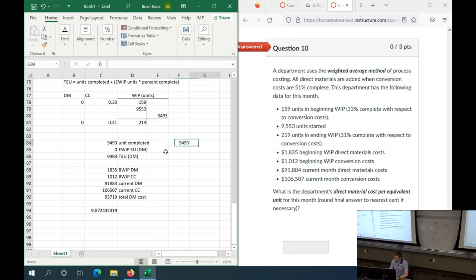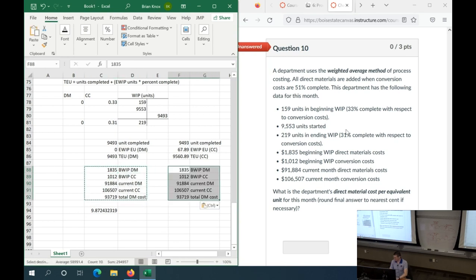But now we need ending WIP equivalent units with respect to conversion costs. And so this is going to be different. It's going to be the ending WIP units times the percent complete with respect to conversion costs, that 0.31, 31%. And everything else will work out similarly until we get to deciding what total costs are.